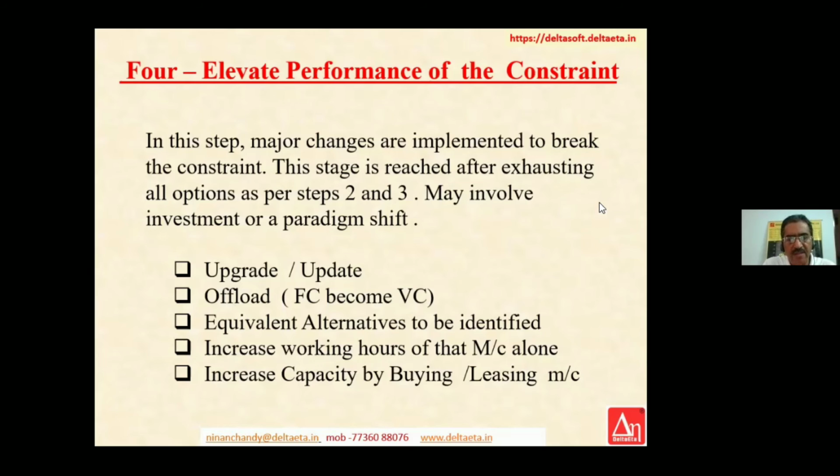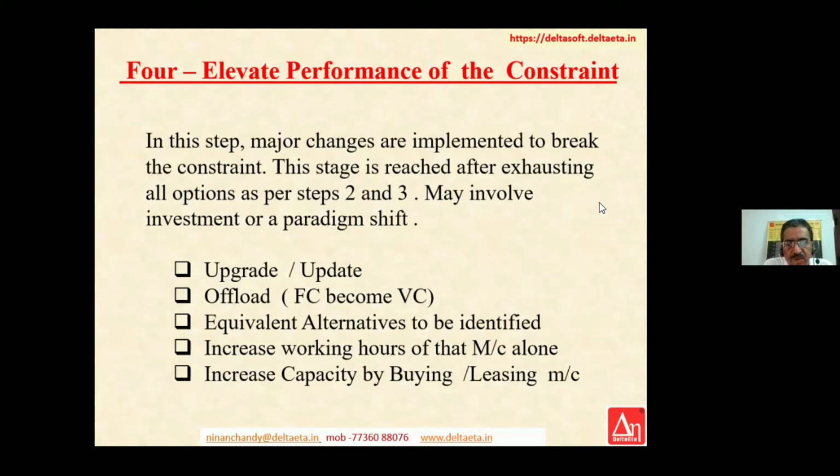You might find that SS303 or SS305 close to it is available easily, or maybe SS30310. So you find whichever is available and go for that. Of course, without compromising on the quality or the grade of the material or the intended use of the material. So you find out equivalent alternatives so that you can utilize that, you can reduce the load on the constrained machine.